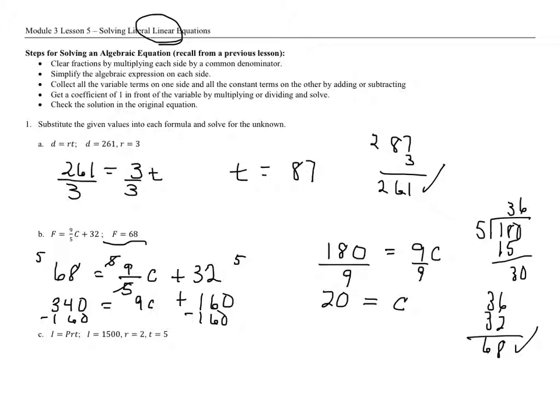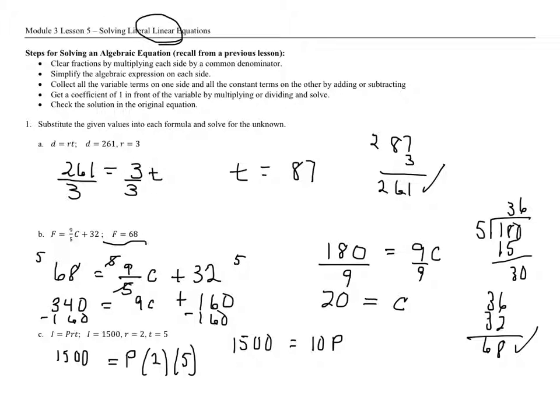Then the next thing we're going to do is I is equal to PRT. In and of itself, this equation is not linear, but once you pop in the numbers, it becomes linear. So it's 1500 is equal to P, R is 2, T is 5. We want to solve for P, so we get 1500 is equal to 10P.